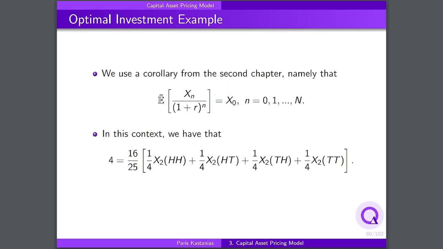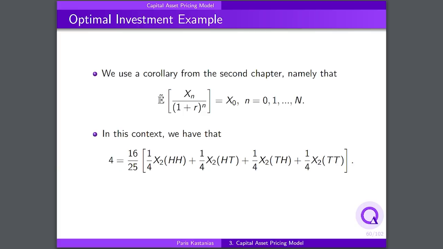What we're going to do is use the corollary from the second chapter, so this one up here. And then we're going to get a 4th thing. So 4, which is the initial wealth we started off with, multiplied by 16 on 25, and then the expectation.